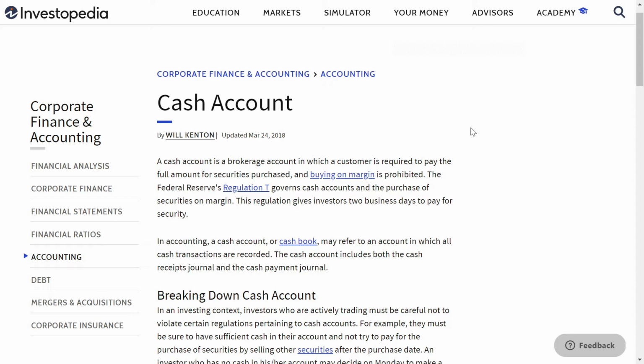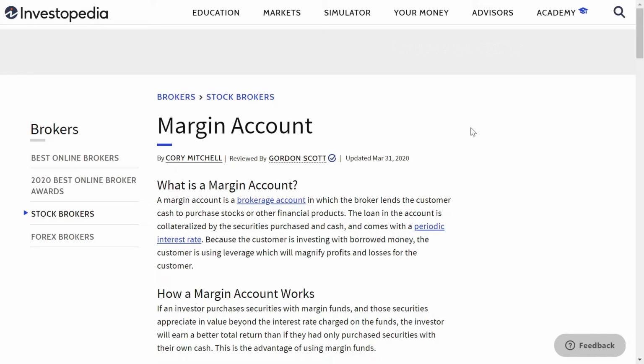You have a cash account. Cash account means you're using your own money. You're not risking anything on a margin level play, so you can only lose as much as your own cash. Margin accounts is where people will get into trouble because then they start taking out basically margin loans. So you're taking out a loan that does have interest on it, so that if you make a mistake, you not only have to pay that margin loan interest, but you can get potentially margin called, and margin called means that they'll force sell your position.